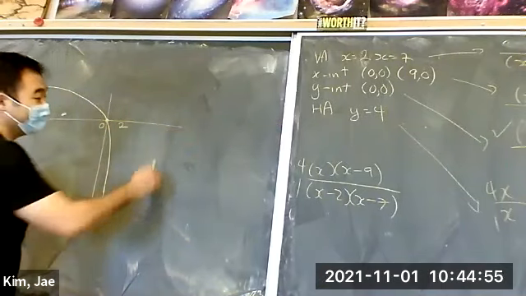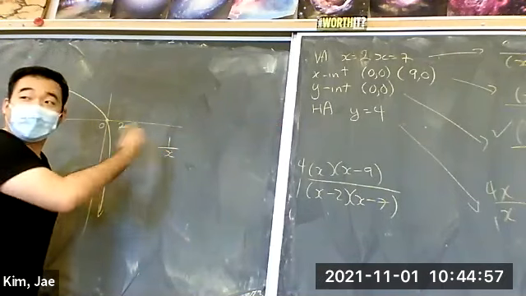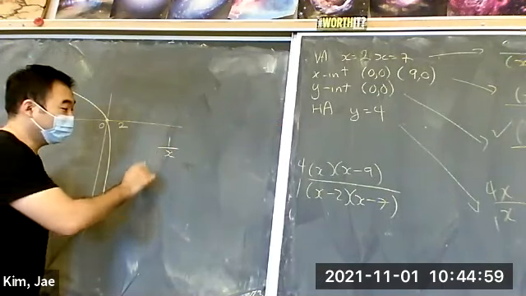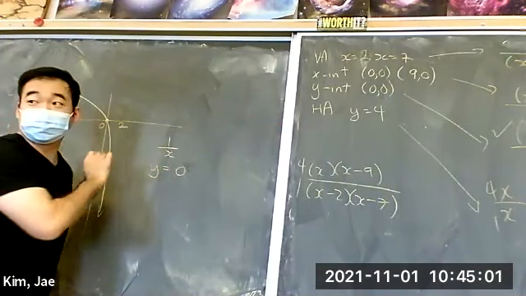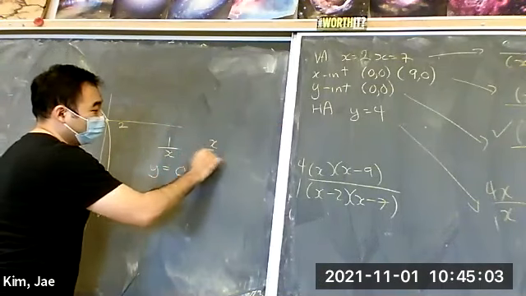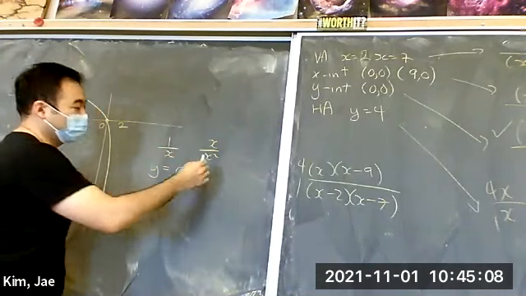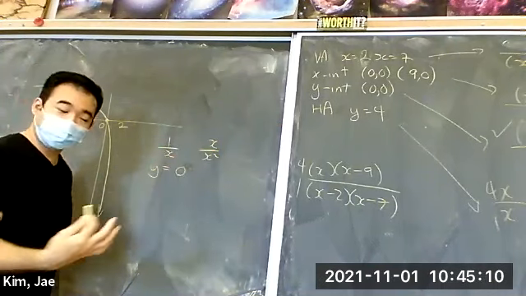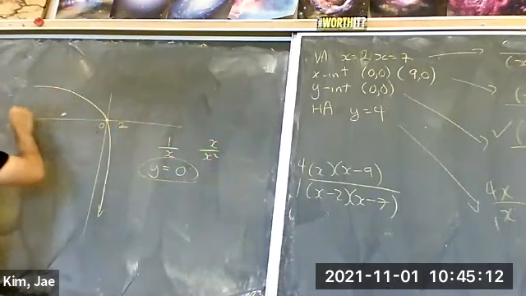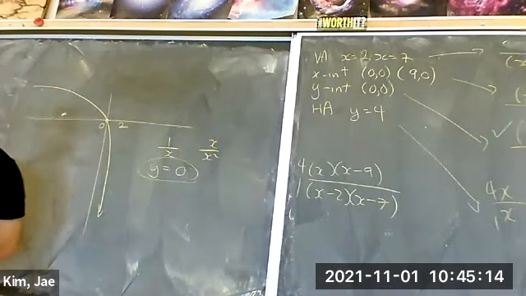Let me explain. If it's 1 over x, as x approaches infinity, the end behavior is 0. Same with x over x squared. In other words, anytime the denominator is larger in degree, the horizontal asymptote is on the x-axis.